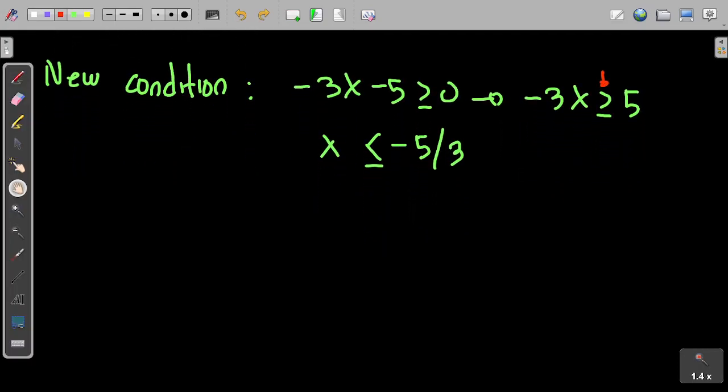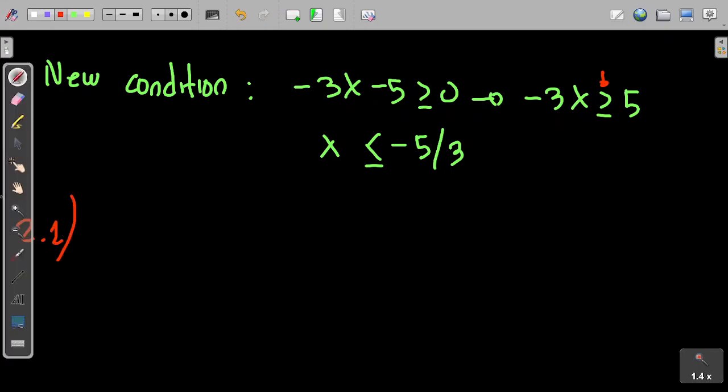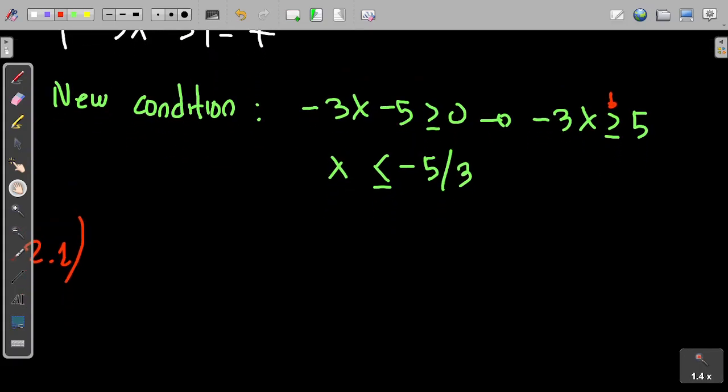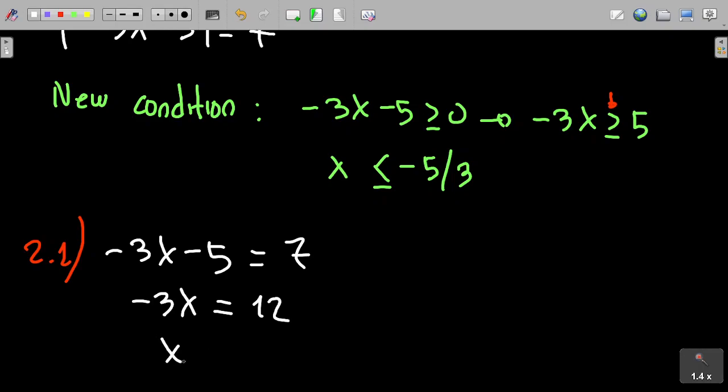So now with my new condition I have the equation 2.1. The equation 2.1 is minus 3 times x minus 5 equals 7. So minus 3 times x equals 12, and finally x equals negative 4. But we have two conditions.